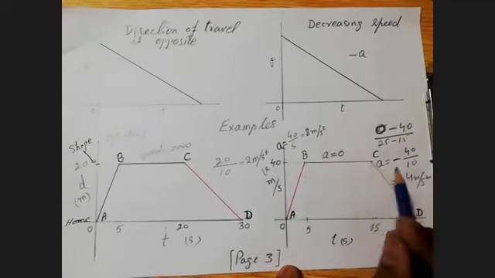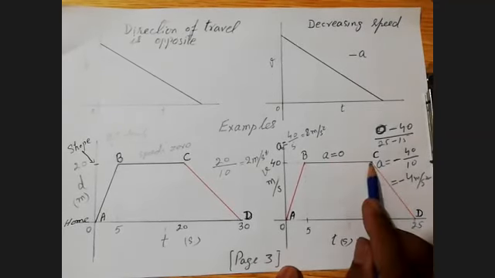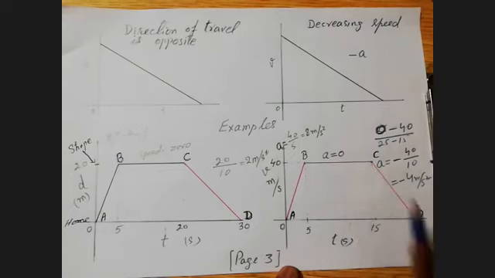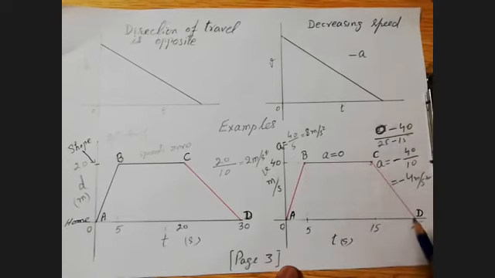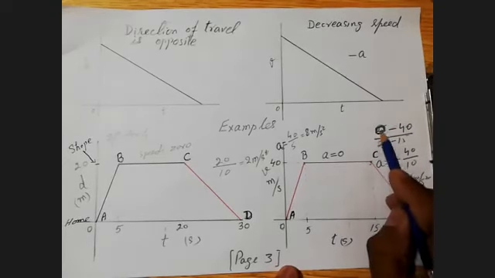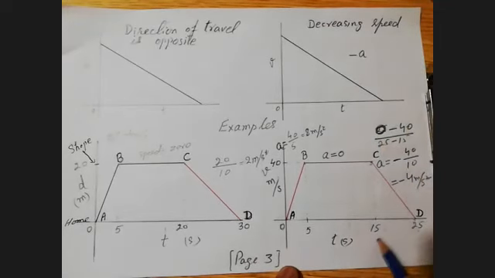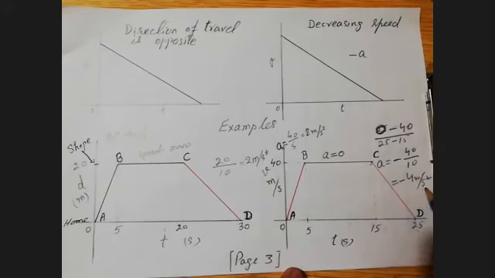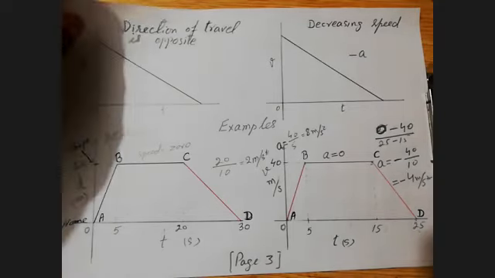This is the initial velocity for the last part of the journey from C to D, because I am taking this portion from C to D. So here the initial velocity was 40 and the final velocity at the 25th second became 0, so 0 minus 40 over the time interval 25 minus 15. So I calculated this acceleration as minus 4 meters per second squared. I told you that the negative acceleration is called deceleration or retardation.